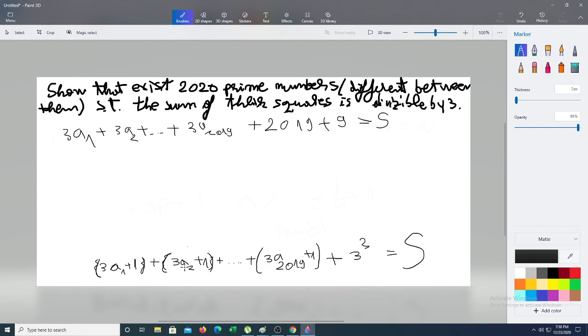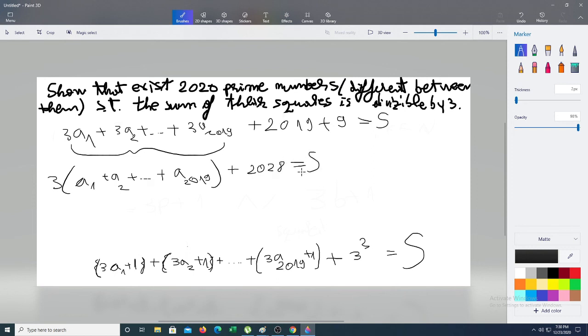These forms are already squared because we proved previously. From here we can factor this 3 out and say 3 times a1 plus a2 plus dot dot dot plus a2019 plus here we have 2028 which is equal to s.